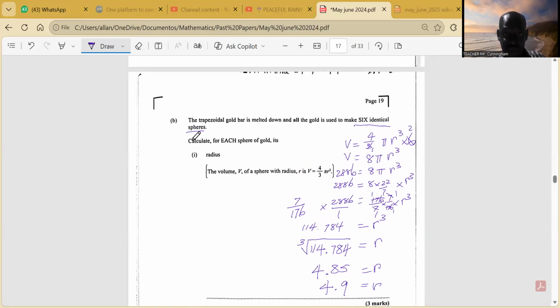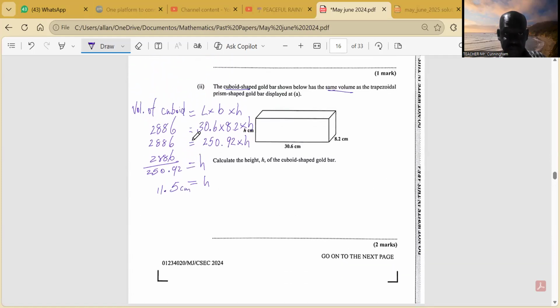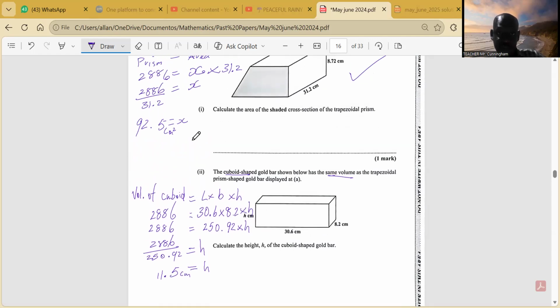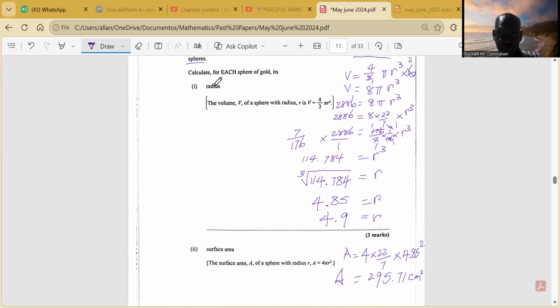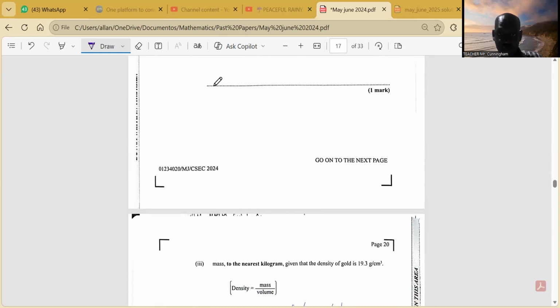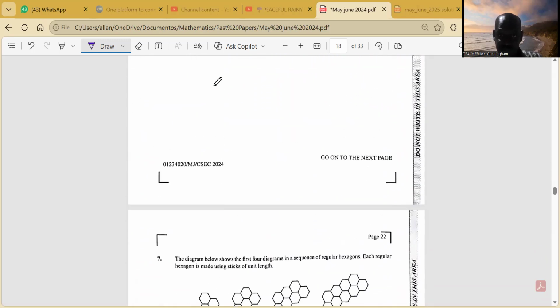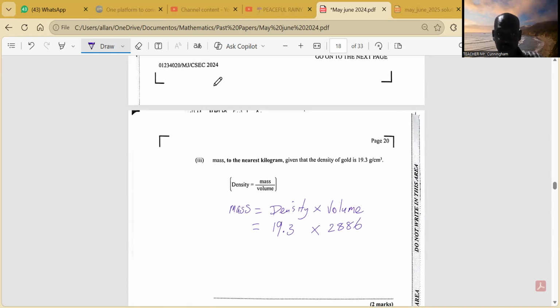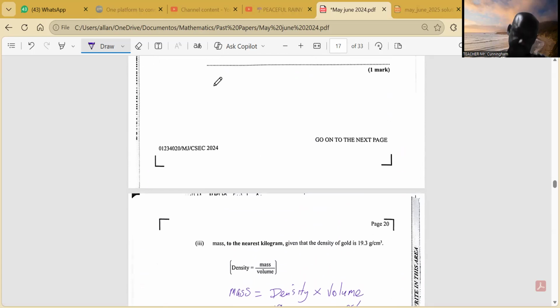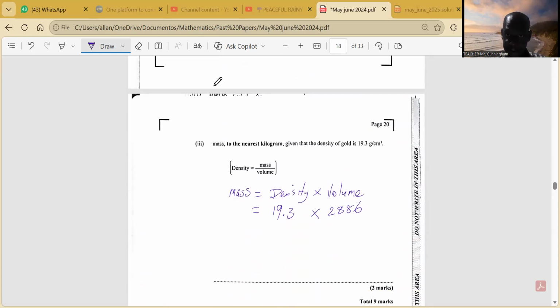This volume was in centimeter cube, right? Yeah, centimeter cube. This is the last part of question 6. You can explain the first part because I was not here for it.